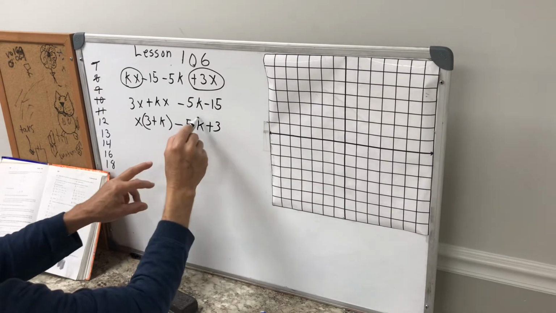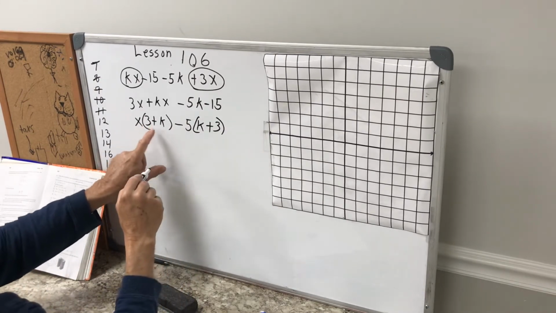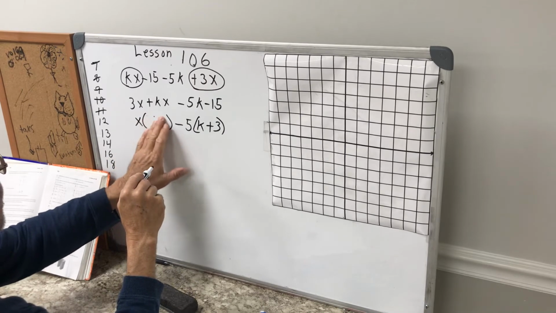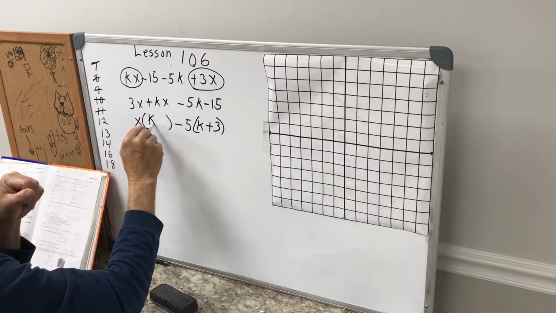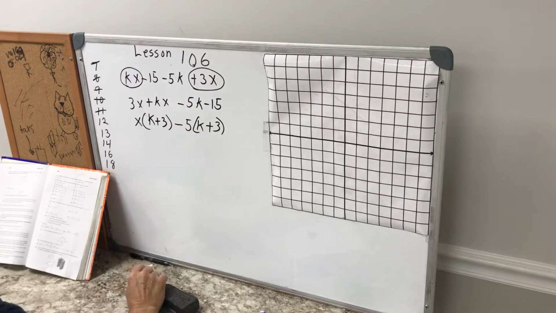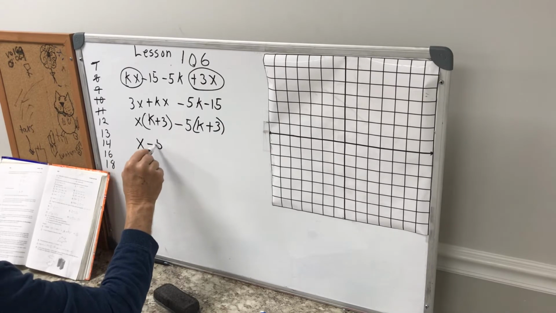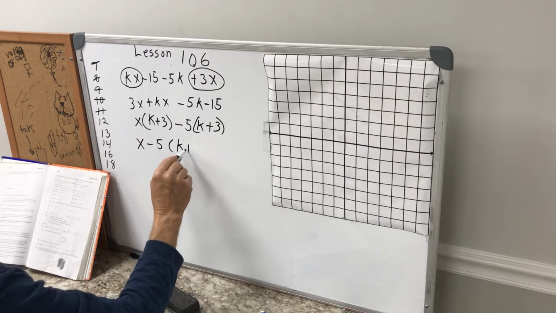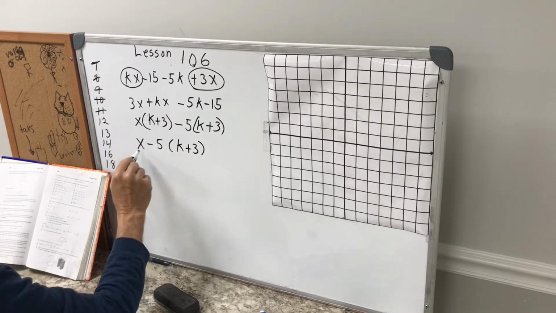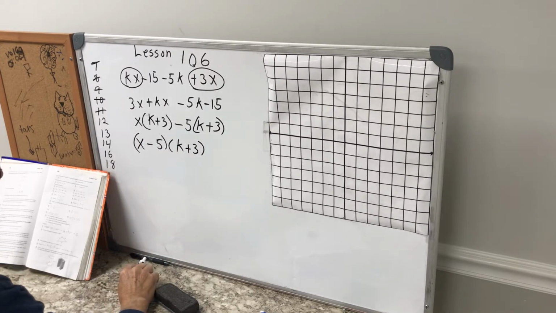Okay, and we can change these around. I'm going to change the 3 plus k around so that they're the same. K plus 3. Did we get it all? I think that's right. X negative 5. You will not solve these without thinking intensely. X negative 5, K positive 3.